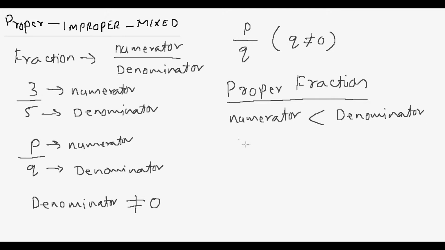For example, in 3/5, the numerator is 3 and the denominator is 5. The numerator is less than 5. This is an example of a proper fraction. In this example, the numerator 6 is less than the denominator 10. Therefore, it is also an example of a proper fraction.